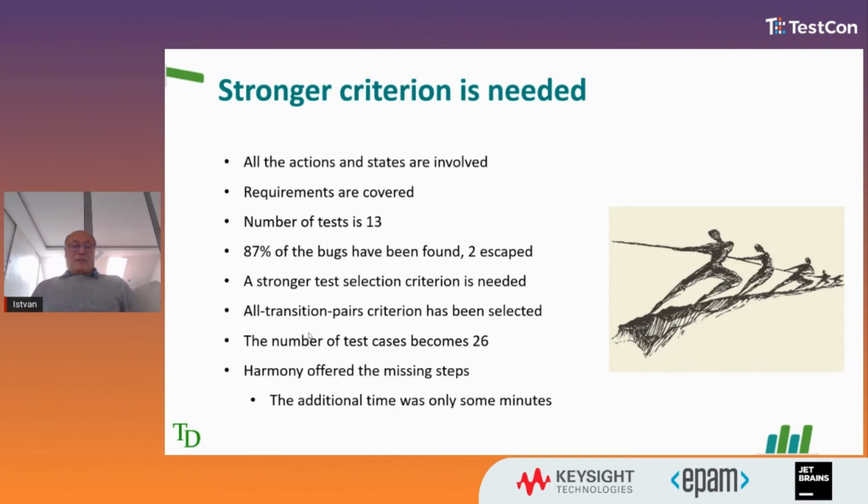But it's not a problem because our tool offered the missing steps. If the tool offered a wrong step, then I rejected it. If a good step, then I accepted it. So the additional time to double the number of test cases was only some minutes.